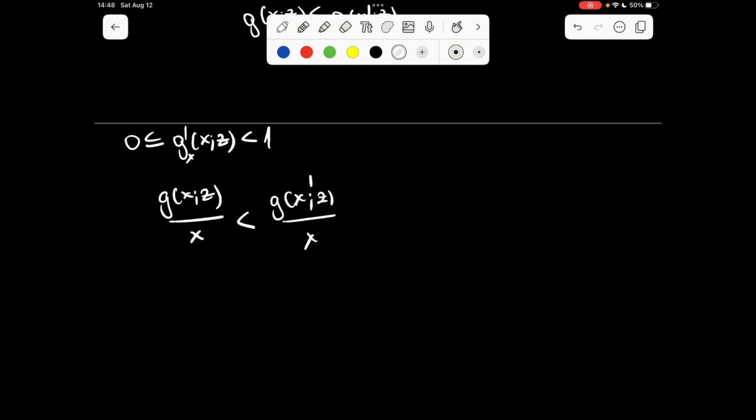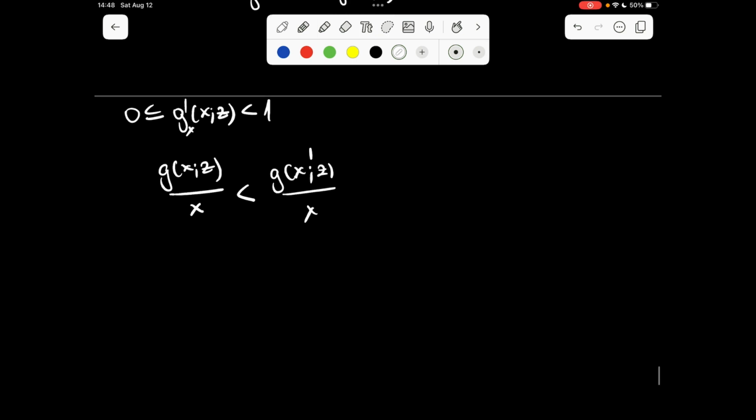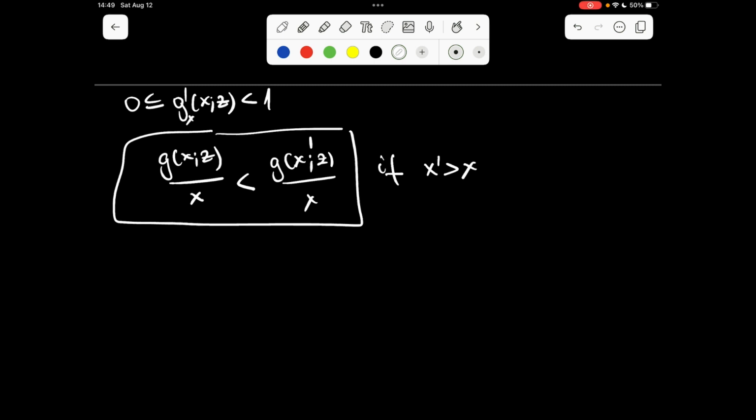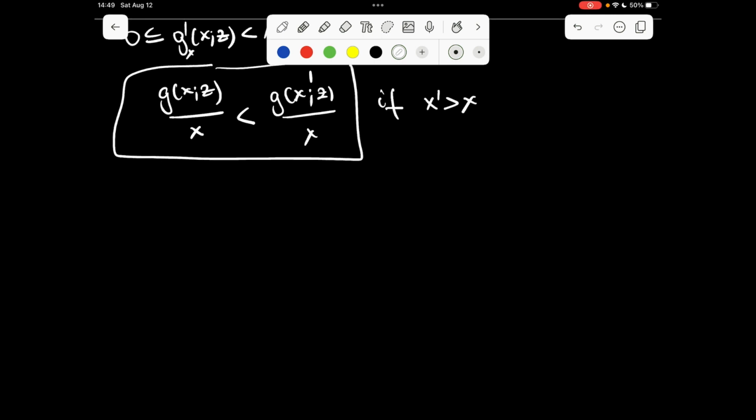If the slope of policy function g is higher than 1, then if x prime is higher than x, this inequality holds. If the first derivative would be 1, we would have equality.